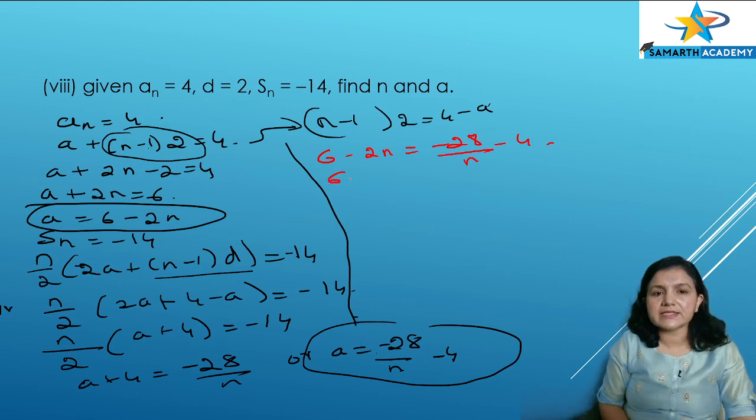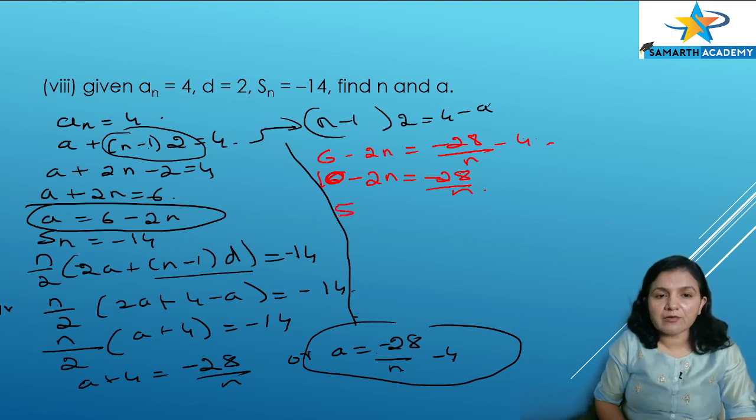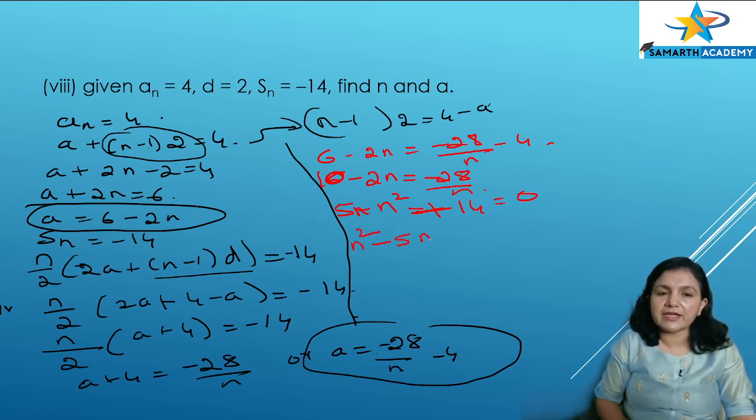Take 4 that side, it becomes 6 plus 4, that is 10, is equal to minus 28 by n minus 2n. Taking that side and also dividing throughout by 2, 5n minus n square is equal to minus 14, or take minus 14 that side, it becomes plus 14 is equal to 0. Now we have an equation, that is n square minus 5n minus 14 equal to 0.